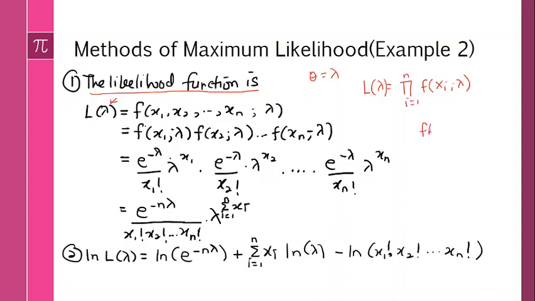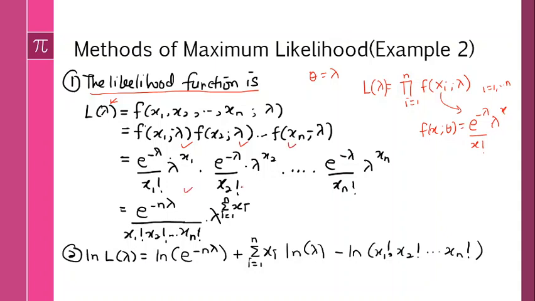The general function of Poisson is e to the power of negative lambda, lambda to the power of x over x factorial. So you substitute accordingly here, with xi, i from 1 until n.